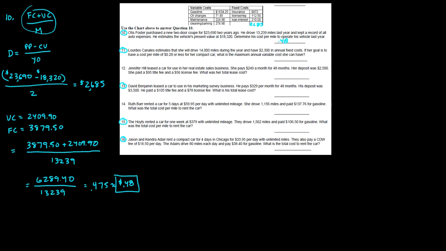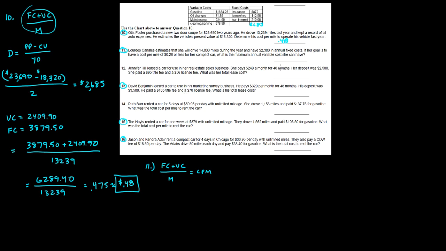Number 11 is a little bit tricky because it actually requires me to do a pinch of algebra. Now, in number 11, you'll have to remember that the fixed costs plus the variable costs divided by the number of miles equals the cost per mile.